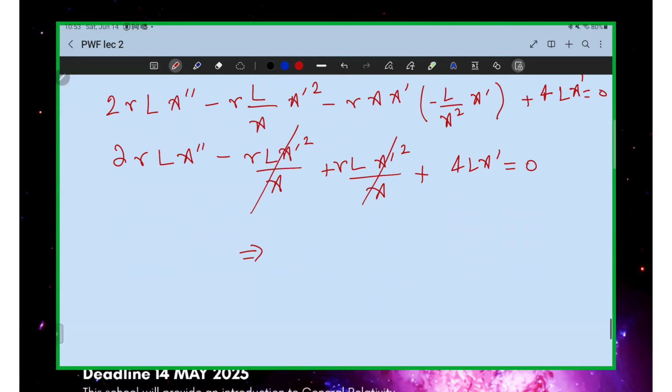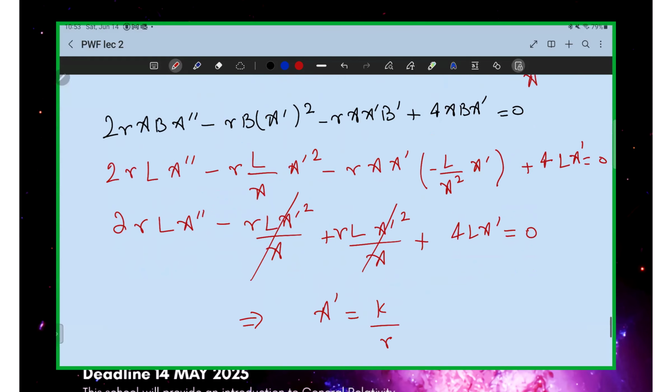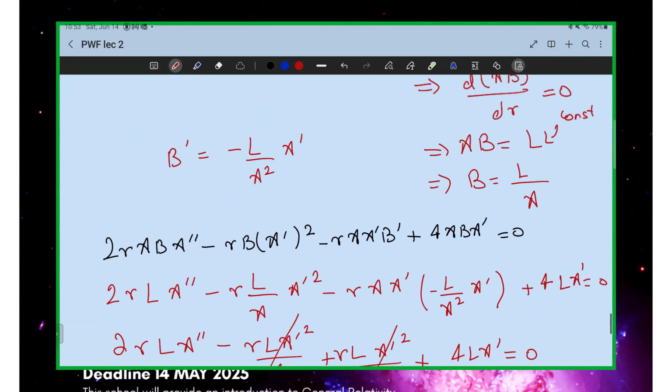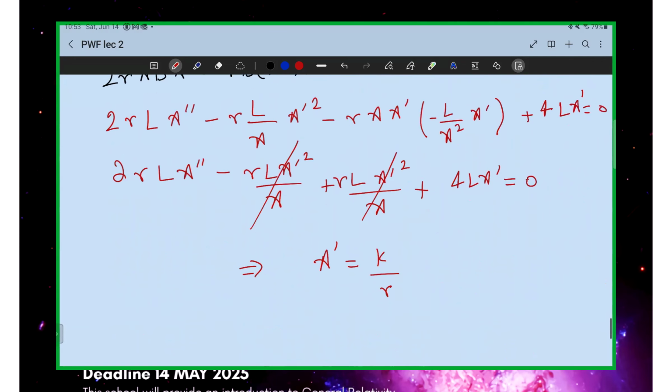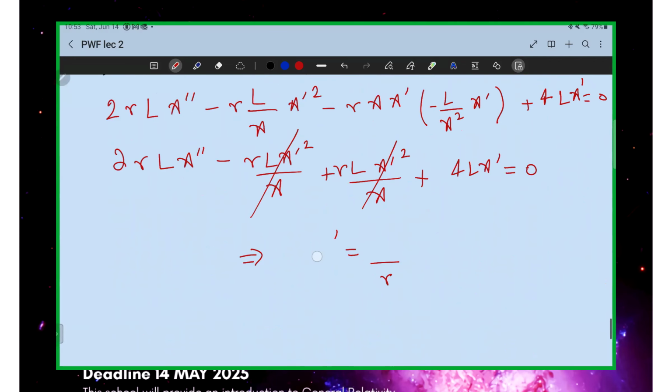And you can write this down as this equation. Yeah, I think that's correct. Wait, I think I skipped a step. So it should be something like this: R times A double prime plus 2A prime equal to 0.